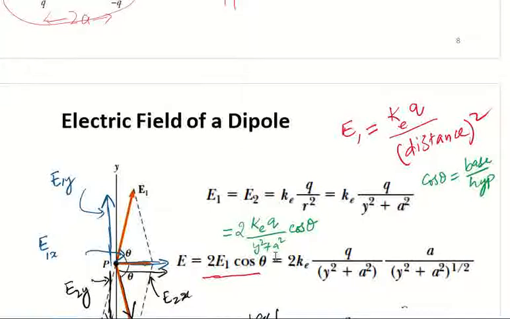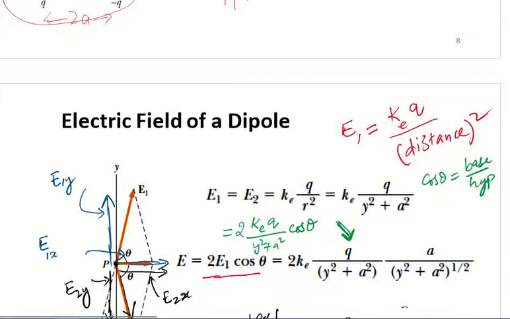So in the next step you plug in the value of cos theta here, and now you get 2 times ke times q divided by y square plus a square because of this distance, and then due to cos of theta you get this thing here.